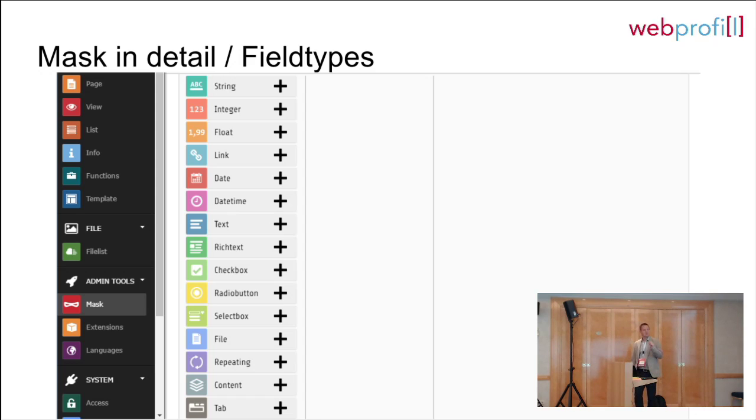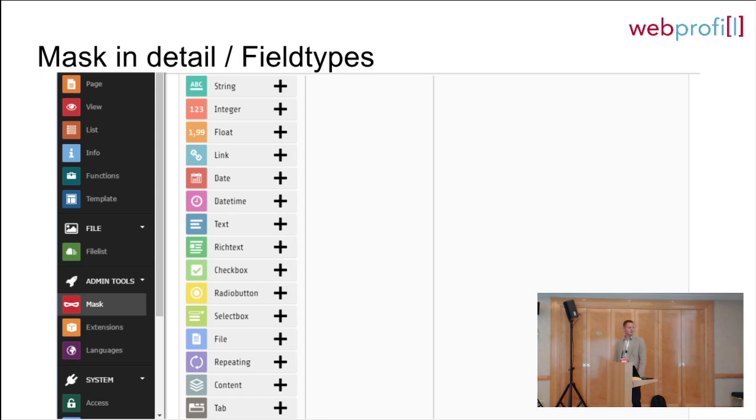You can remove them or set them. You have a date field, a date time field with date picker in the backend. Text is multi-line text, a text area. The rich text editor, of course. You can add checkboxes or radio buttons, single or multiple.